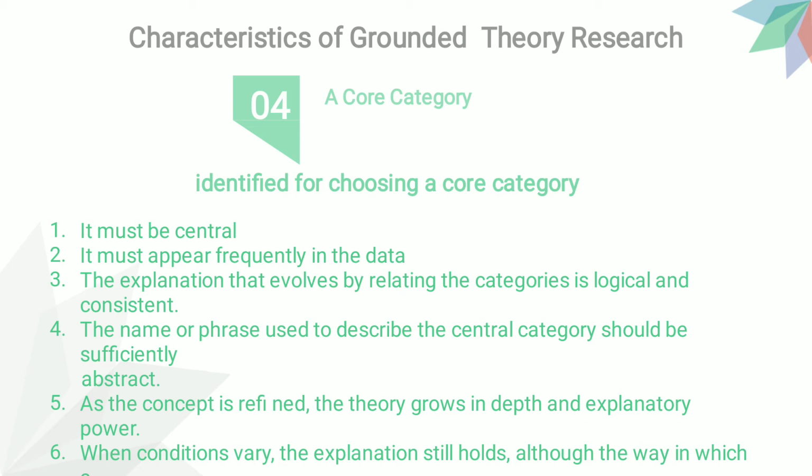Second, it must appear frequently in the data. Third, the explanation that evolves by relating the categories is logical and consistent. Fourth, the name or phrase used to describe the central category should be sufficiently abstract. Next, as the concept is refined, the theory grows in depth and explanatory power. And the last one, when conditions vary, the explanation still holds, although the way in which.